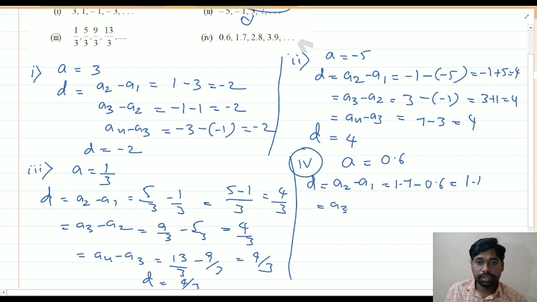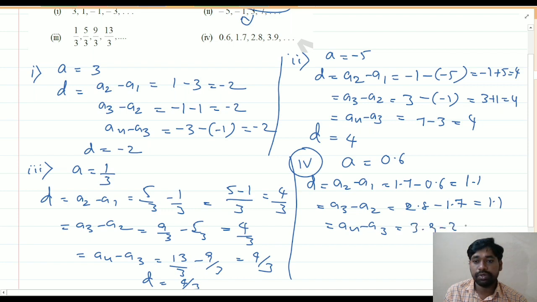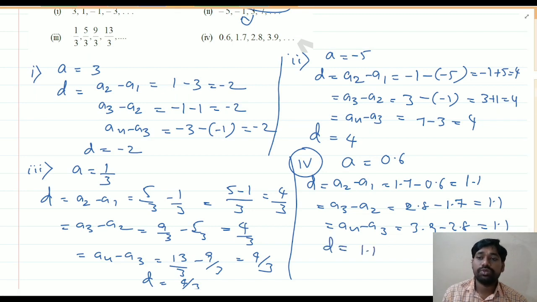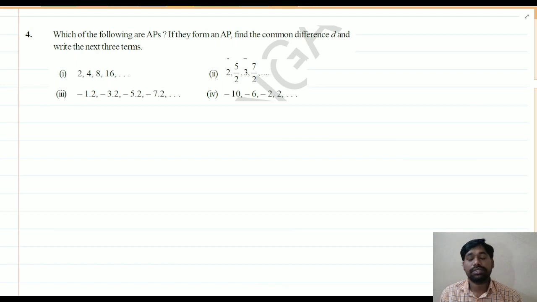A3 minus A2 is equal to 2.8 minus 1.7. So how much? It is 1.1. A4 minus A3 is 3.9 minus 2.8. Again 1.1 only. It means the common difference is 1.1.